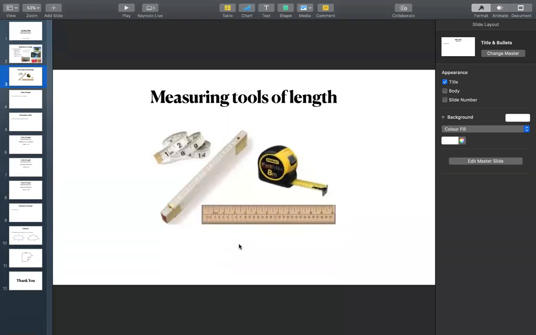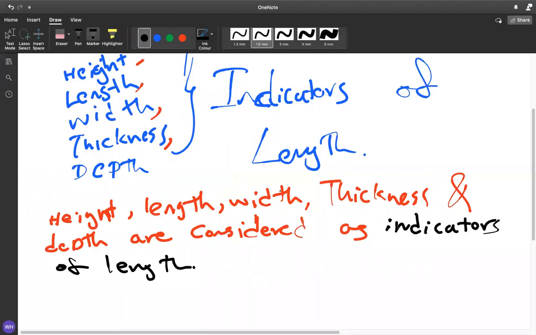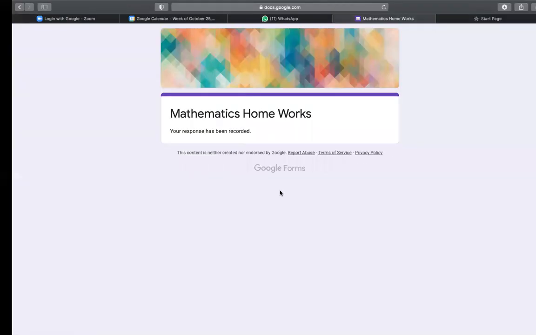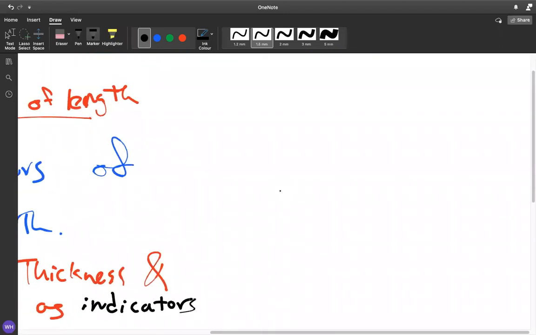Okay, did you write the subtopic measuring tools of length? Yes, sir. Good. Then 1, 2, 3, 4. Write the first one under tools: meter ruler.